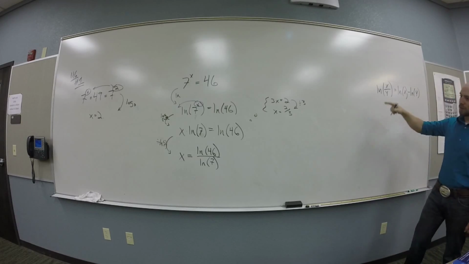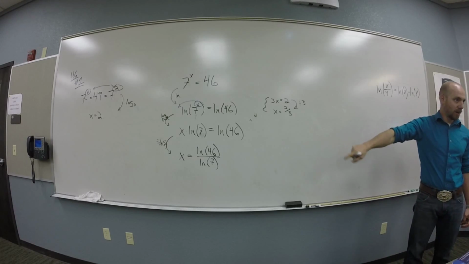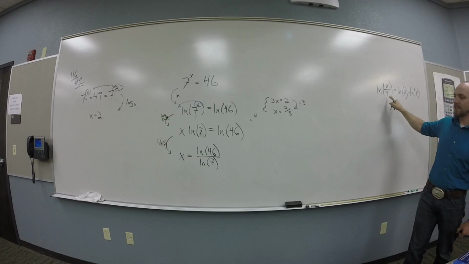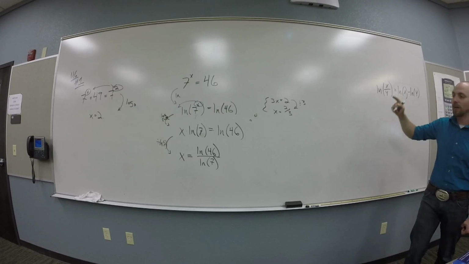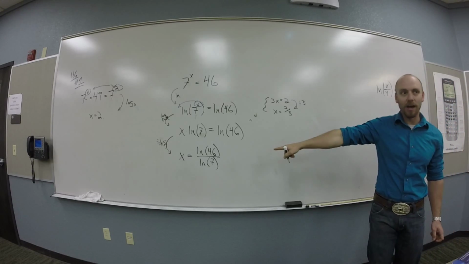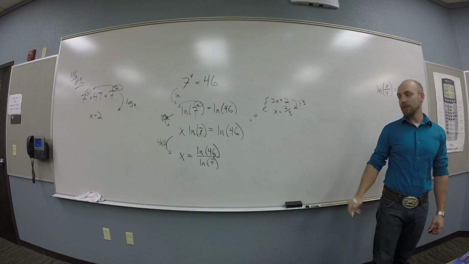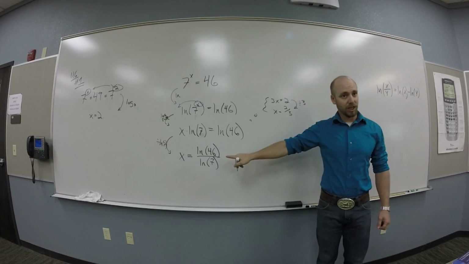So what's the difference between this and what I've got happening over there? Yeah, here I'm dividing on the inside of a log, and I'm getting subtraction on the outside. Here I've got dividing on the outside of logarithms. There's no rule for that one. So this thing's as good as it's going to get.